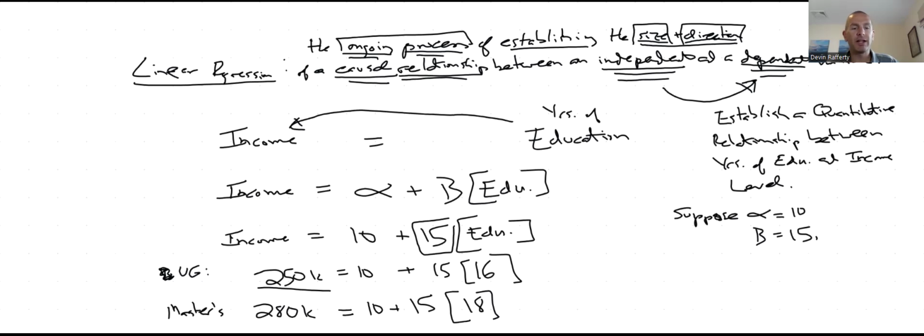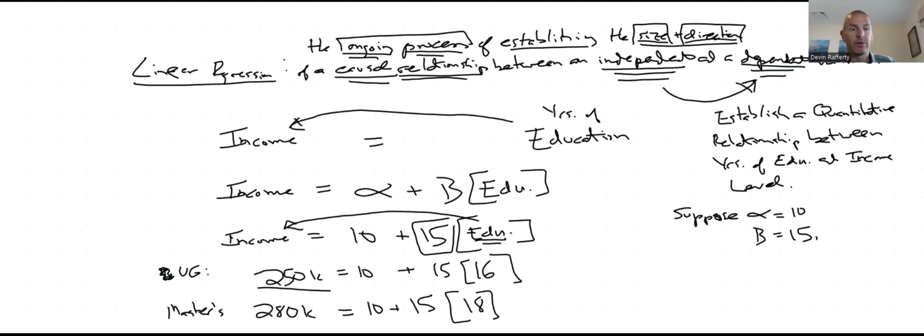And once you have an intercept and a beta, which is known as the regression coefficient, you can start to estimate the impact that an independent variable has on a dependent variable.